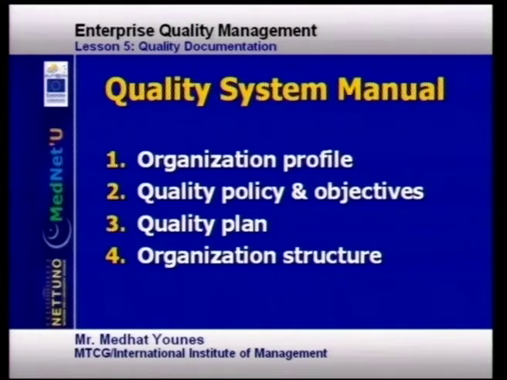The second element is the quality policy and its objectives. The quality policy states or describes the overall intentions and directions of an organization with regard to the quality as formally expressed by top management.